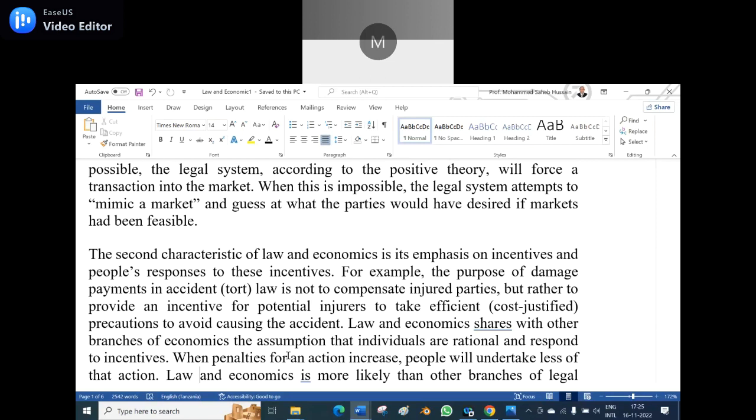Suppose he is 40 years old and the average age is 60, so he lives 20 more years. An artificial leg will work for 5 years, so 5 into 4 is 20, that means he needs at least 4 artificial legs till he dies. So calculate the cost of 4 artificial legs, but each year the cost will be more. Am I right?